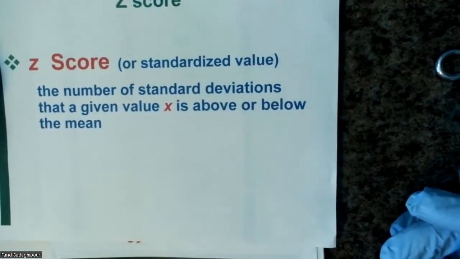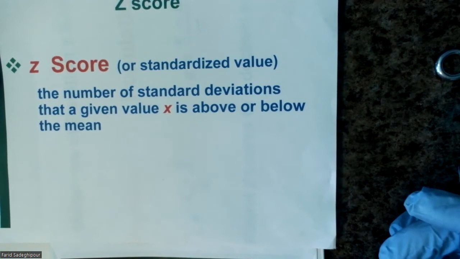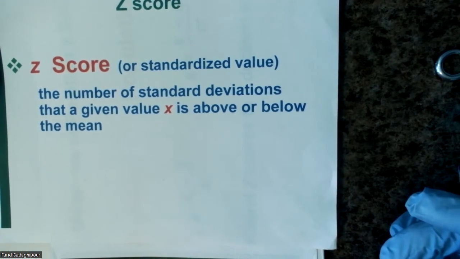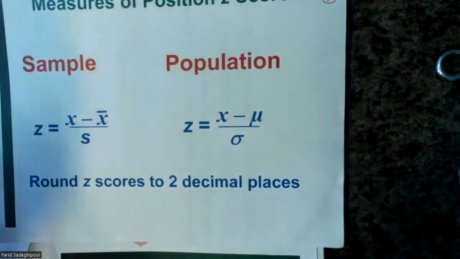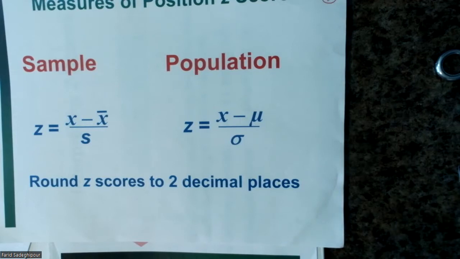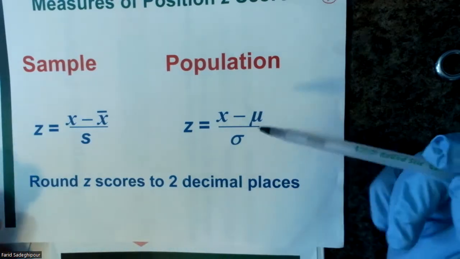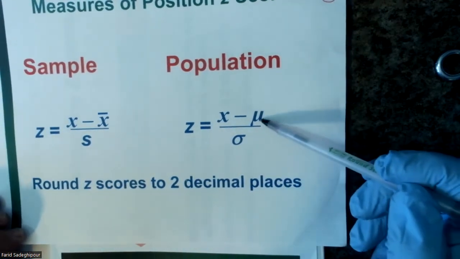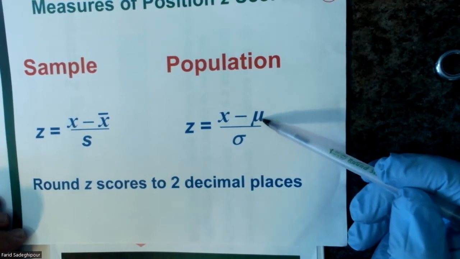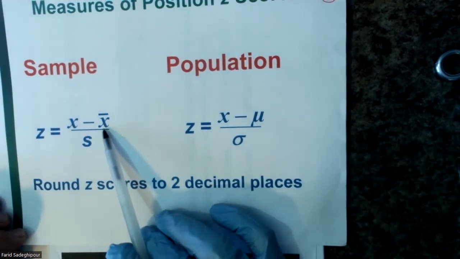So here, Z is the number of standard deviations that a given value of X is above or below the mean. Both formulas are the same thing. It depends on the problem: if you are talking about the population, you use this symbol for the mean; if you are talking about the sample, you use this symbol.